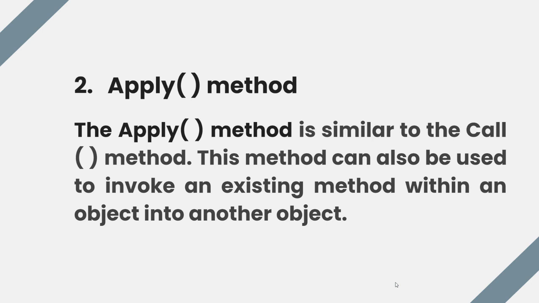Next, we have the apply method, and the apply method here is very similar to the call method. In fact, they're more or less the same. This method can also be used to invoke an existing method within an object into another object.